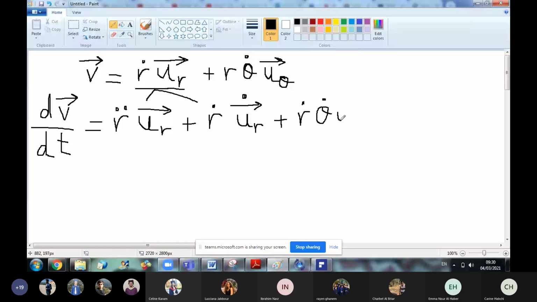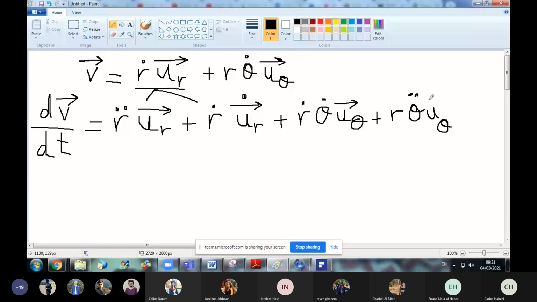The second term of the derivation, now I do u v prime w, so now it's the turn of theta dot. So plus r theta double dot u theta. This is the second term. Now the third term is plus r theta dot du theta by dt.